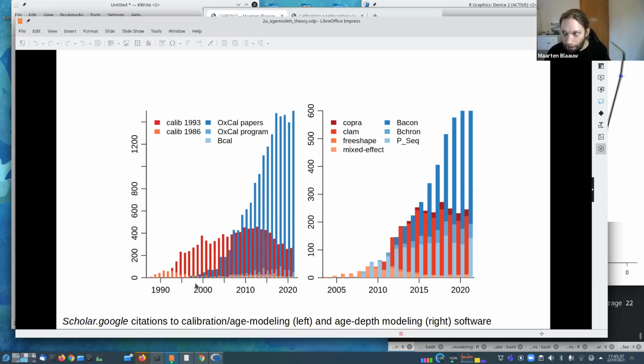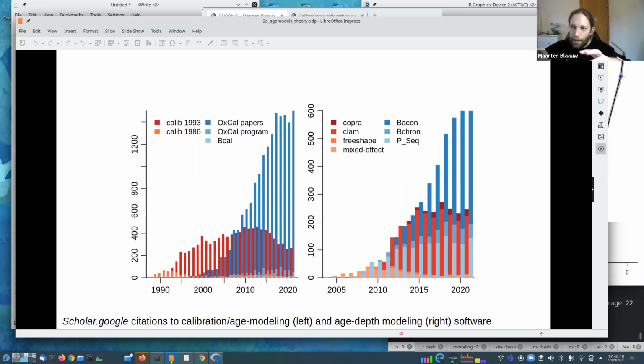What has instead taken over, since coming out in 1994 or so, is Oxcal. Oxcal is an online software made in Oxford. Originally, it was just meant for their own lab to calibrate dates and make sense of the dates, but it has turned into a really widely used piece of software where most people will go to calibrate their dates, but also to produce age models.